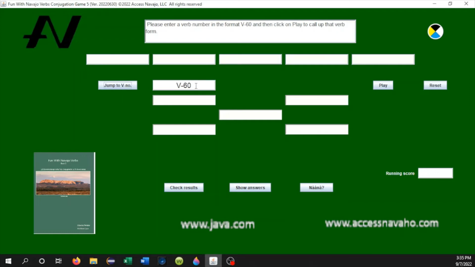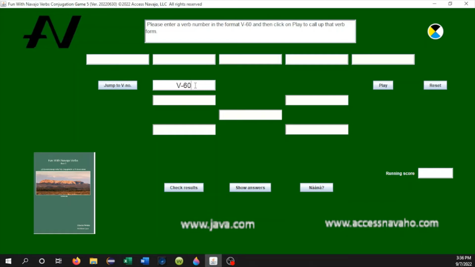The reason we have verb 60 here, let me explain that first, is that all the verbs from the other books 1, 2, 3, and 4, have also been added to this game, to the database. So verb 60 is a verb from book 1 that has a seriative prefix in it.